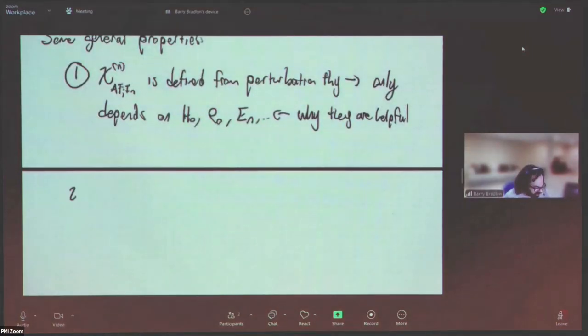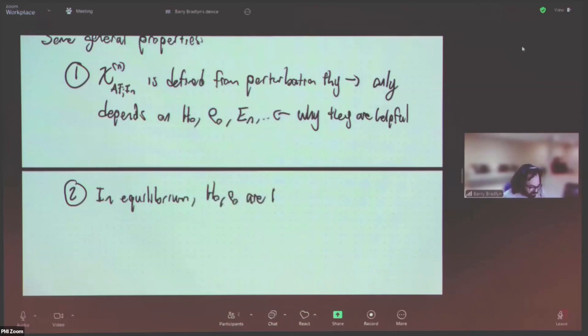Okay, building on that, we know that in equilibrium, H naught and rho naught are time independent.